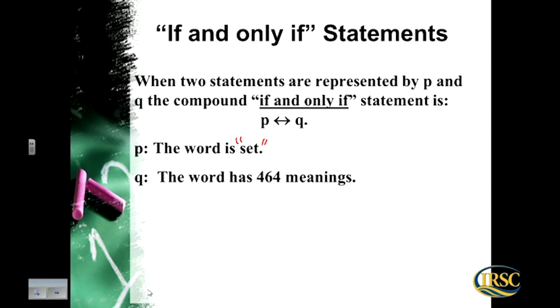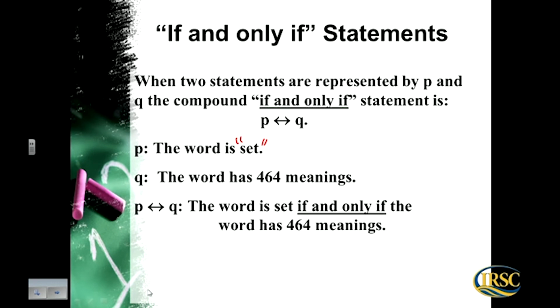The word has 464 meanings. So we're talking about that word, quote, set. So if you were going to use the connector if and only if to write this symbolic part into words, you would say the word is set if and only if the word has 464 meanings. Okay, the word is set if and only if the word has 464 meanings.